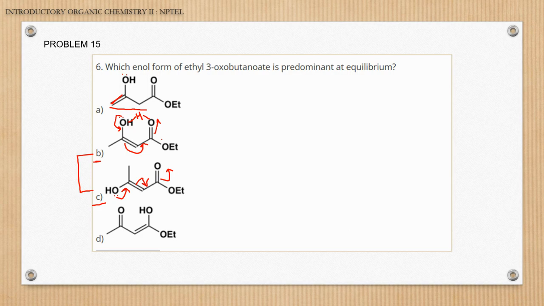If there were no hydrogen bonding, you could say the trans double bond predominates at equilibrium. But the hydrogen bonding makes the cis double bond more stable than the trans. So option B will be the right one, and this form of 3-oxobutanoate will be predominating at equilibrium.